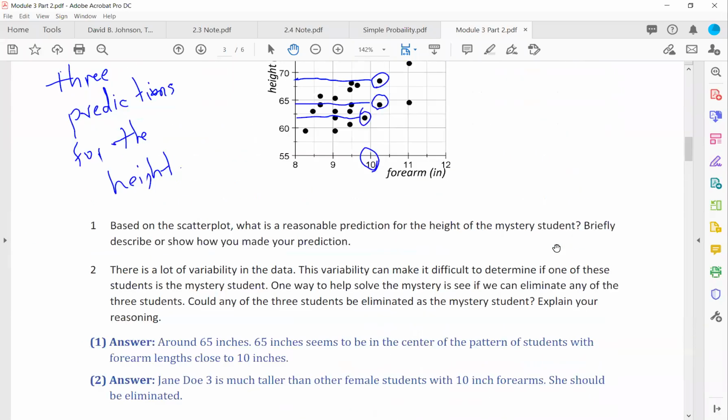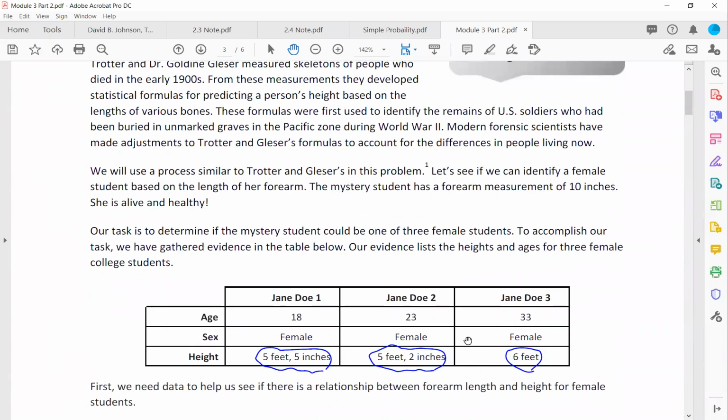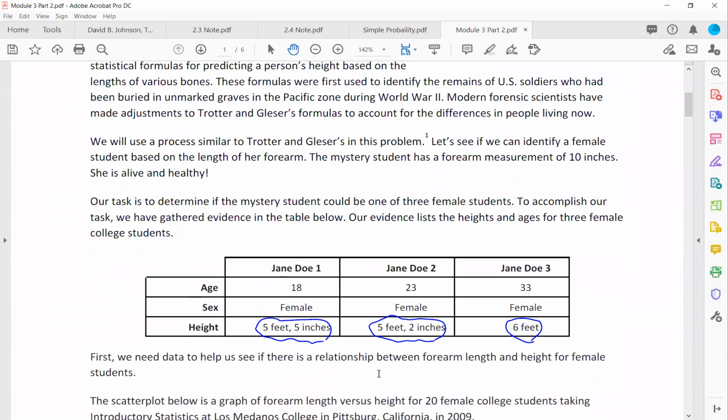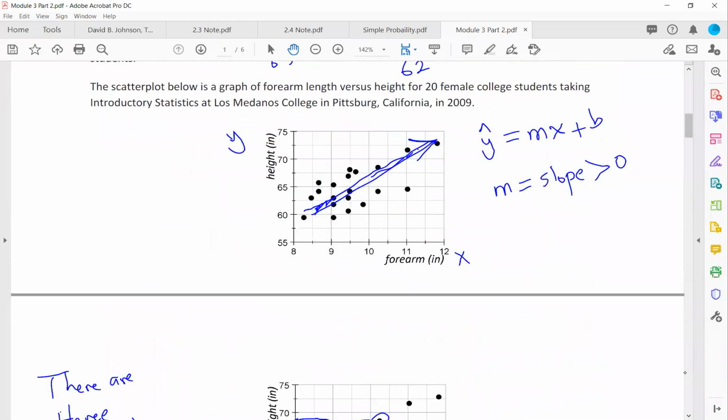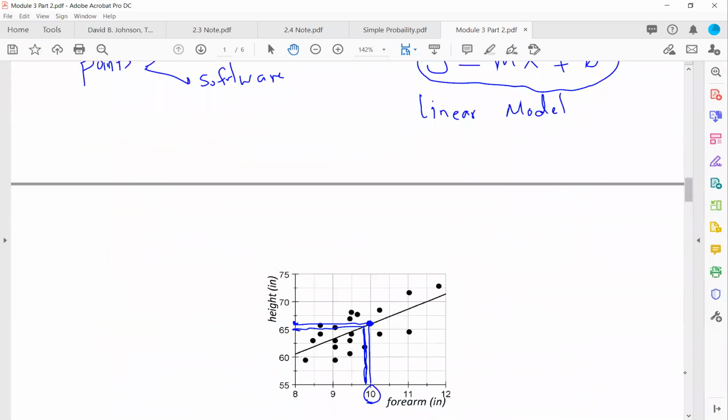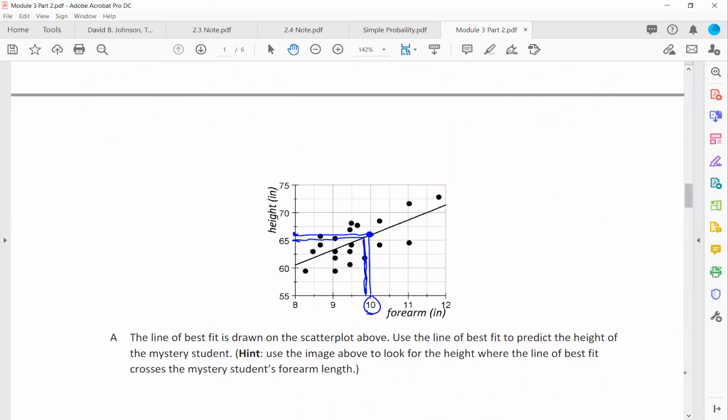The second student has height equal to 5 feet and 2 inches. This is 60 plus 2, 62 inches. Take a look at 62 inches. They're getting far away from 10.